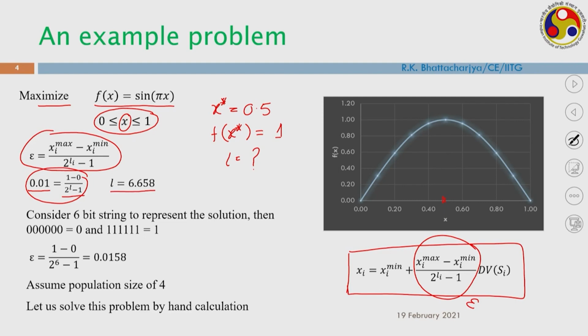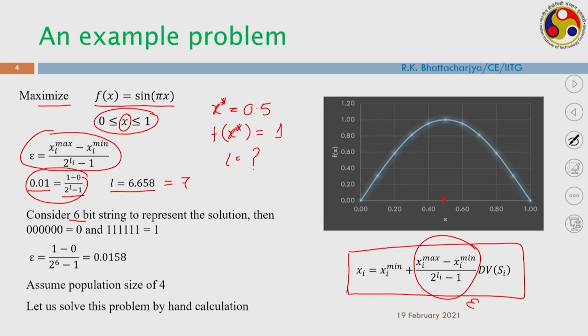That means to get a precision of 0.01, the string length should be 6.65. You cannot use 6.65, so you have to use 7, and then your precision will be a little better than 0.01. But here, because this is a hand calculation, a longer string length would be a little bit complicated. So, I have considered a 6-bit string.